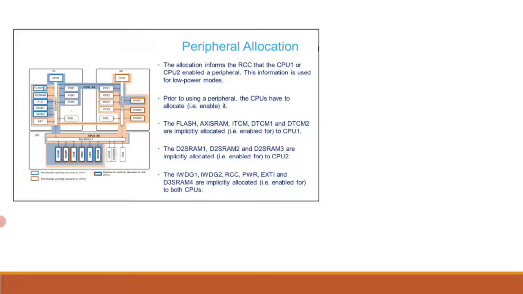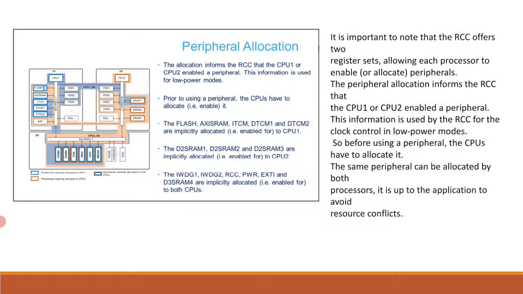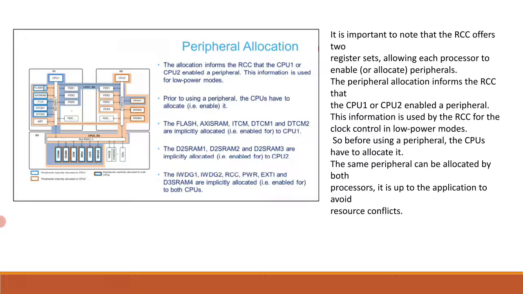The CPU2 can allocate any of them, but by default they are not allocated to CPU2. The D2 SRAM1, SRAM2 and SRAM3 are implicitly allocated to CPU2. The CPU1 can allocate any of them, but by default they are not allocated to CPU1.